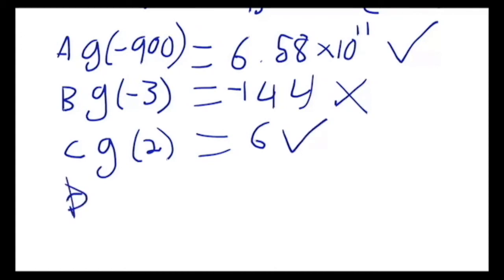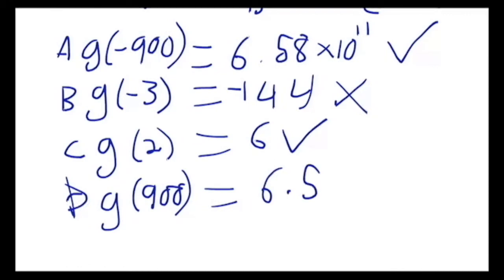And now for the last interval, I'm going to plug in 900, and I'm going to get 6.54 times 10 to the power of 11. And this is positive, so it's greater than or equal to 0, so it's a part of our answer.